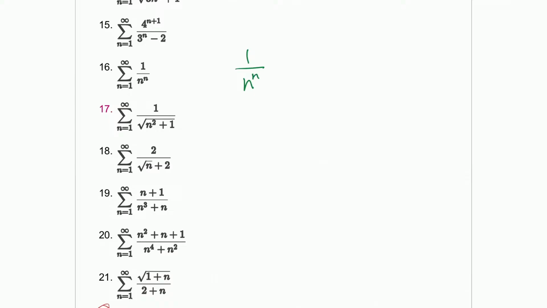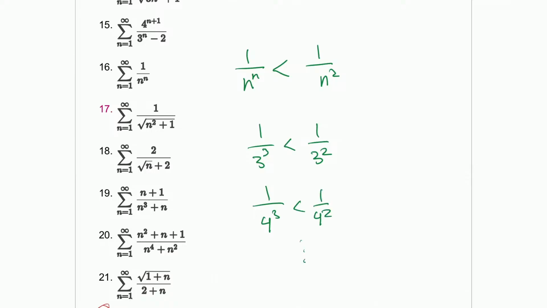1 over n to the n is less than 1 over n squared. Once again, I keep harping on the 1 over n squared thing, but it's a good one because 1 over n squared we know converges. So for sure, if you think about it, 1 over 3 to the third is less than 1 over 3 squared. 1 over 4 to the fourth is less than 1 over 4 squared, and so on.